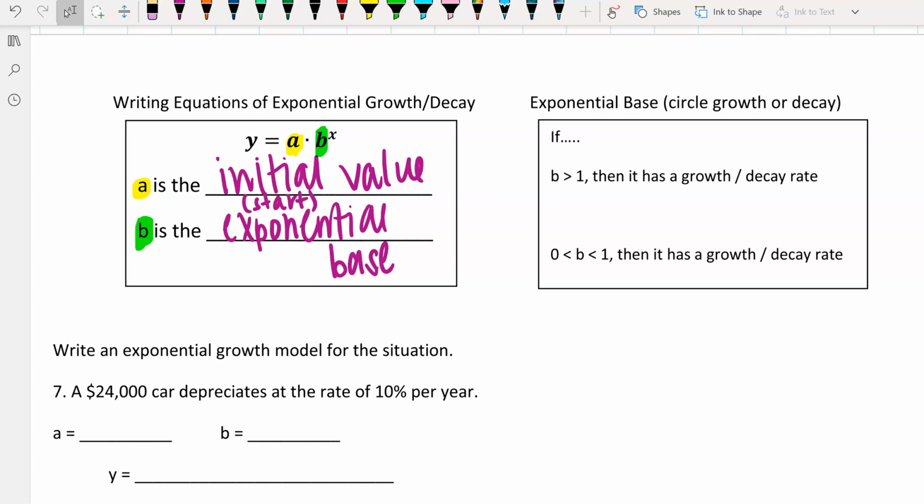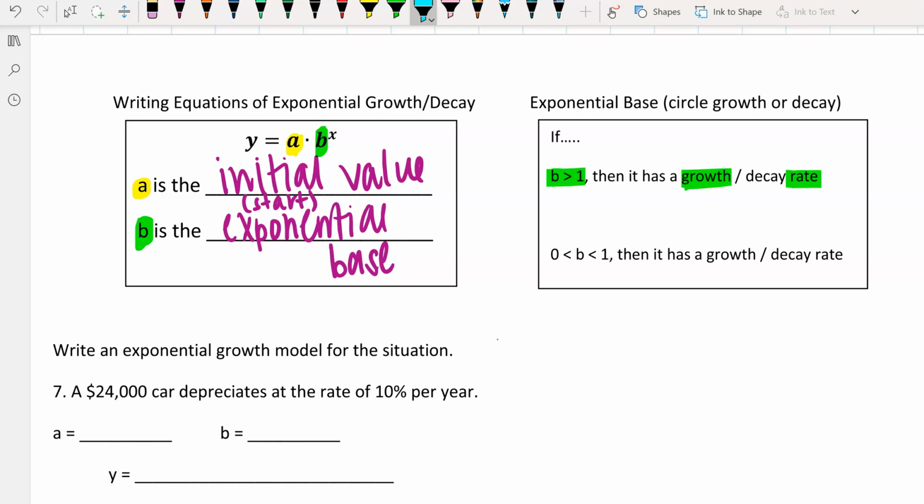So then an exponential base, circle growth or decay. If B is greater than 1, then it has a growth rate. We did discuss that at the beginning of our unit. When it's bigger than 1, it is growing.